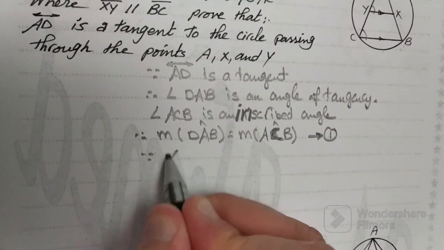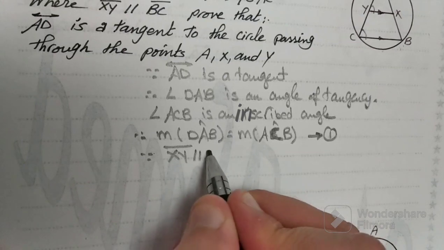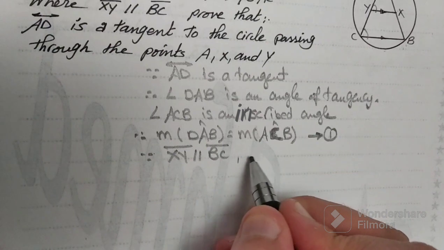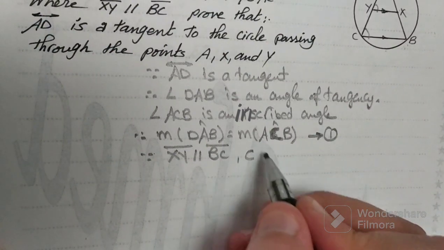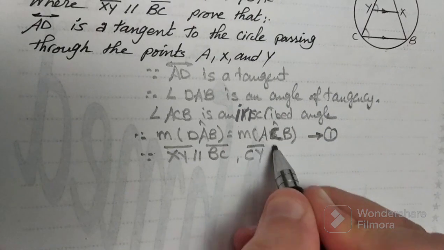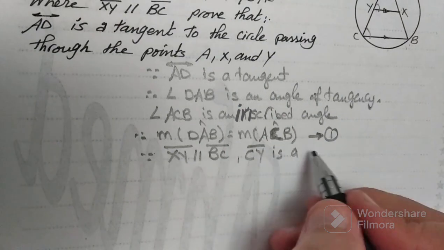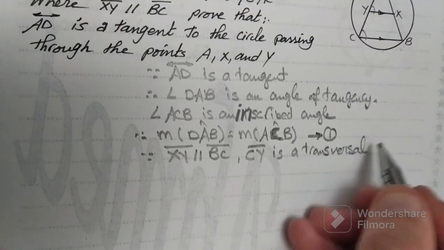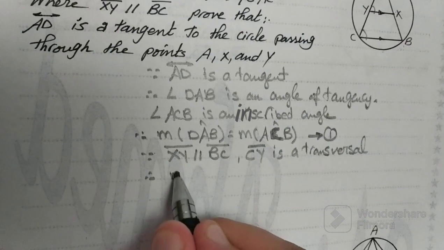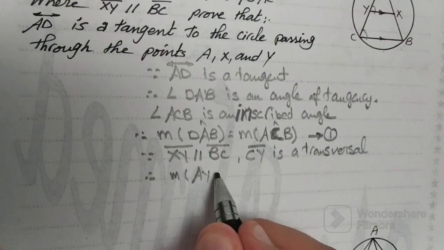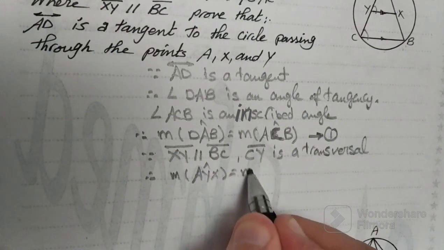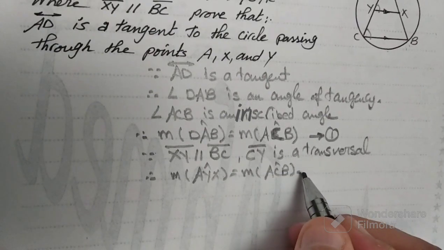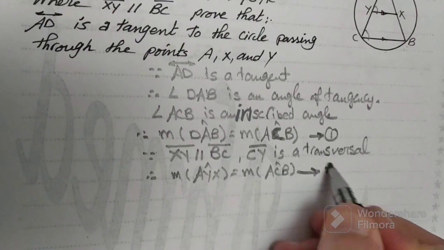Since XY is parallel to BC and CY is a transversal, therefore the measure of angle AYX equals the measure of angle ACB, corresponding angles, number 2.